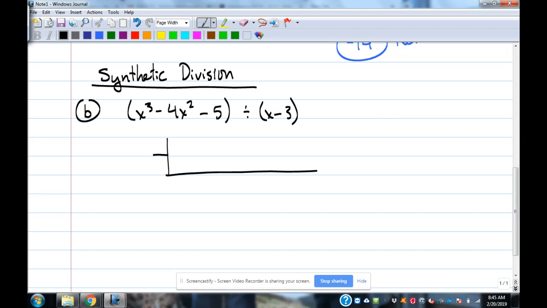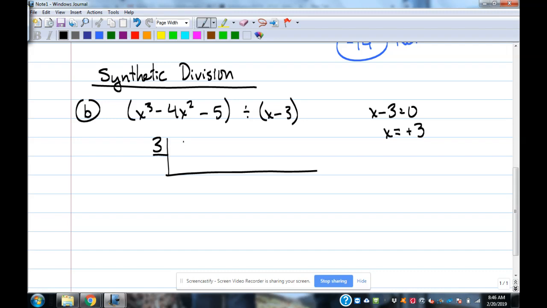You want to take what you're dividing by, set it equal to 0, and solve. That just changes the sign, makes it a positive 3 that we're using as the number that goes on the shelf. And then in the top row on synthetic division, it's going to be your coefficients from your dividend, what you're dividing into.